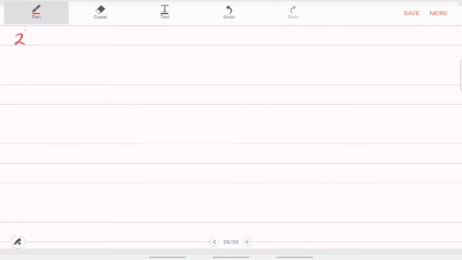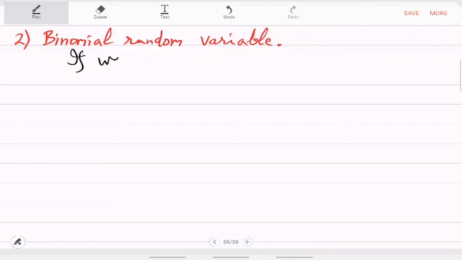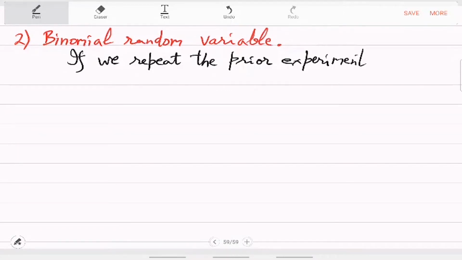Second is its sum, and it is called the binomial random variable. So if we repeat the prior experiment n times, then how many times does head appear?